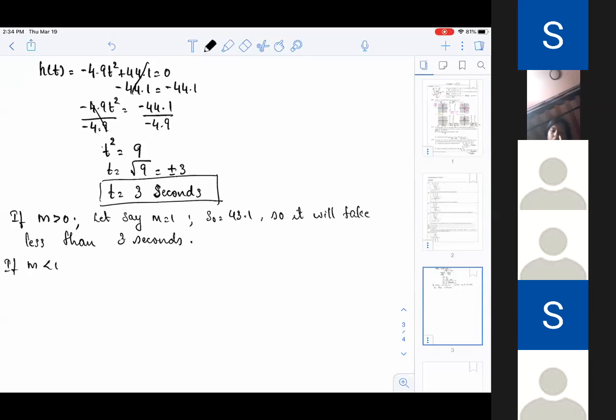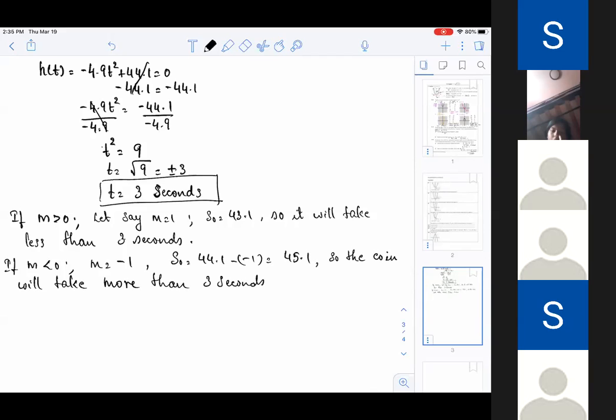If m is less than 0, let's say m is equal to -1, then the initial height is equal to 44.1 minus -1, so the coin will take more than 3 seconds to hit the ground. Is that problem clear?